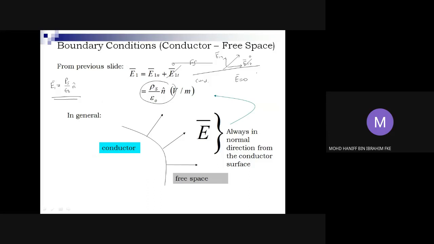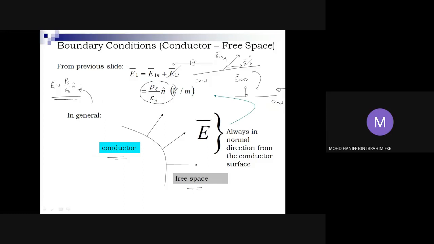If I re-sketch this diagram, a conductor is here, a free space environment is here, and your electric field will be only in this direction, which is normal with regard to the surface of your conductor. That's why I mentioned that if we have a conductor and free space boundary, the electric field will always be in the normal direction from the conductor surface, which follows this equation.